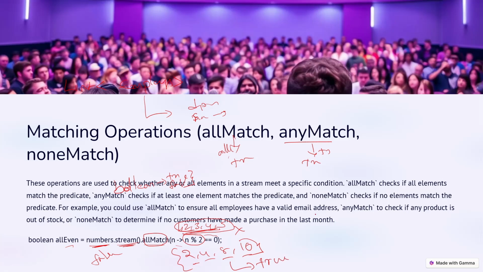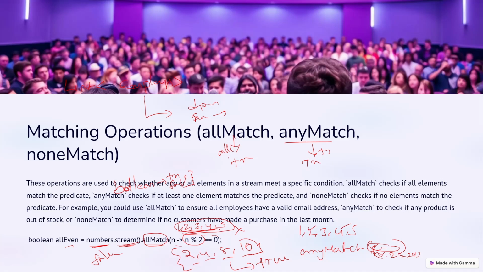Get it? anyMatch, for example, you have 1 2 3 4 5. If you apply anyMatch to find the even numbers with the condition n % 2 == 0, this condition is satisfied, yes, because 2 and 4 are there.